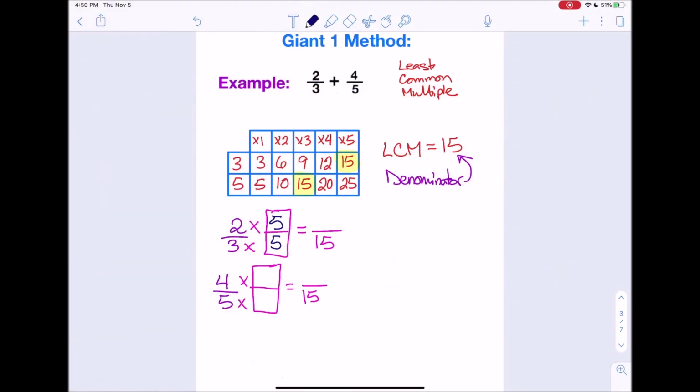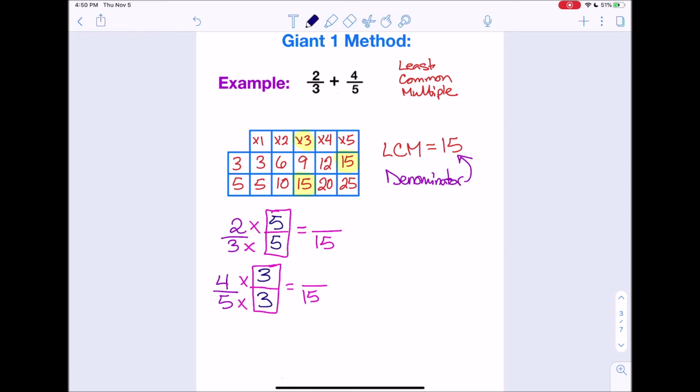So we're using giant 1s because they equal 1 and they don't change our fractions, they just give us equivalent fractions. So now I look at 4/5 and I go, okay, what times 5 gave me the 15? It was 5 times 3 that gave me the 15. So whatever's on the bottom has to go on the top because it must equal 1.